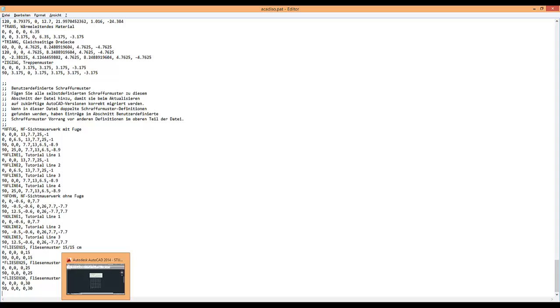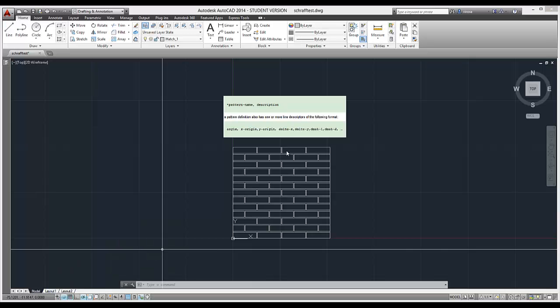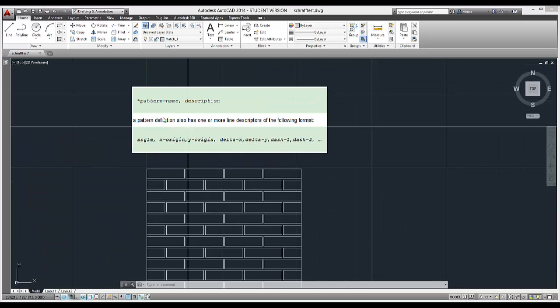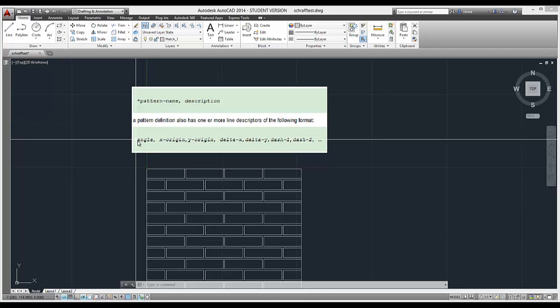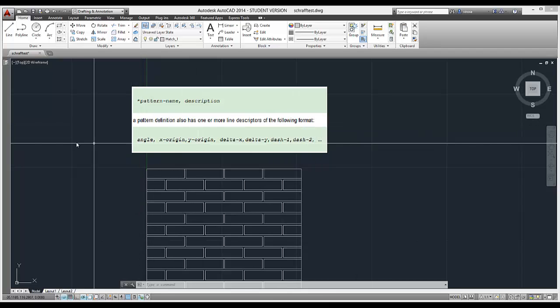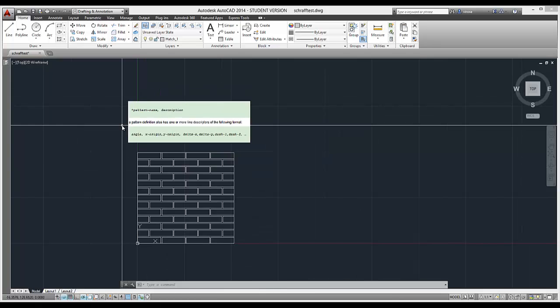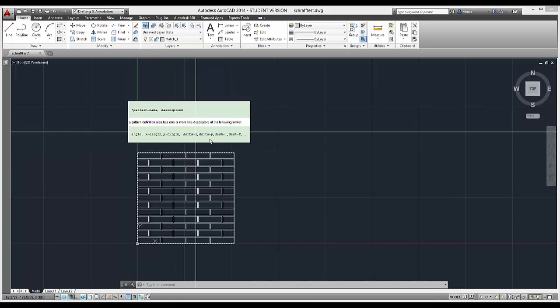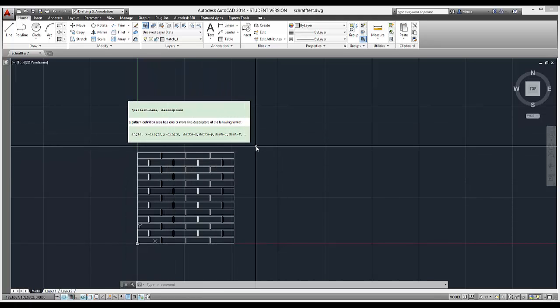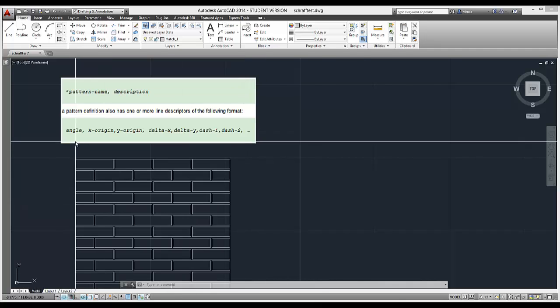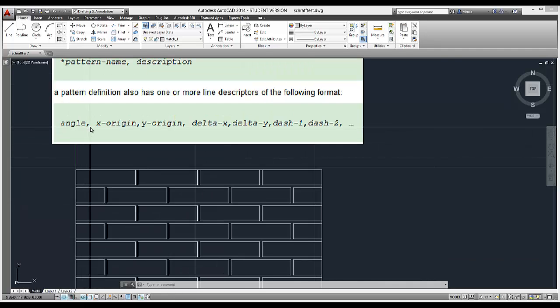So I'll switch back to AutoCAD, and here I copied the instructions from the AutoCAD help file. There's also more information in there if you need any further input. So basically, the hatch pattern consists of a couple of numbers separated by commas.